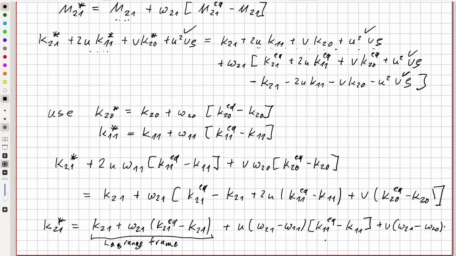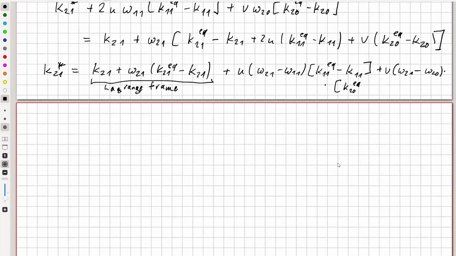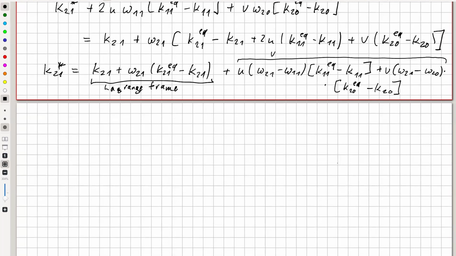Unfortunately this doesn't fit here, let me give more space. So all of this is in violation of Galilean invariance. Now I just need to be able to write.